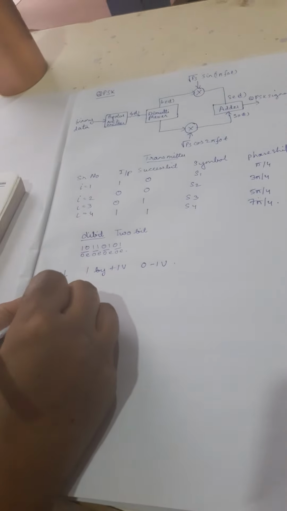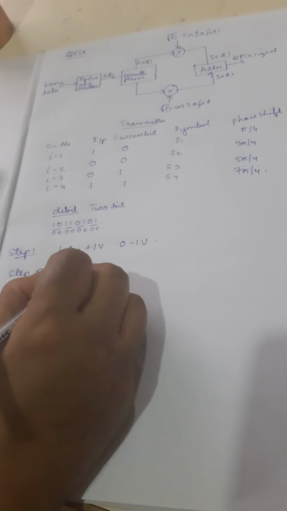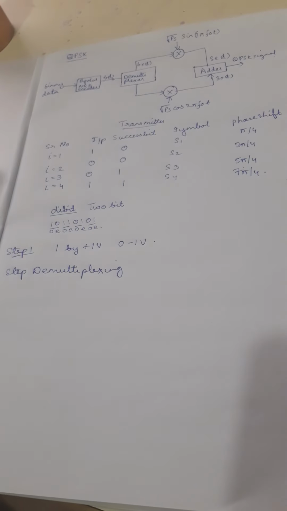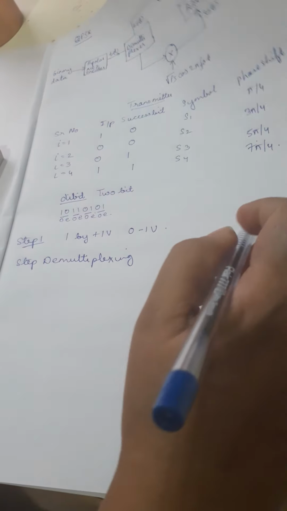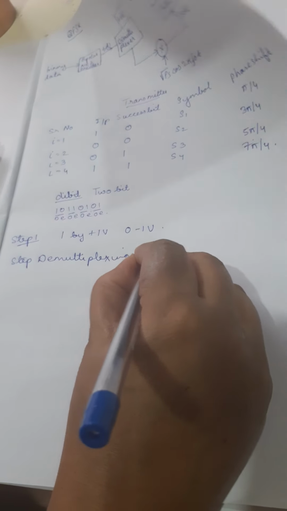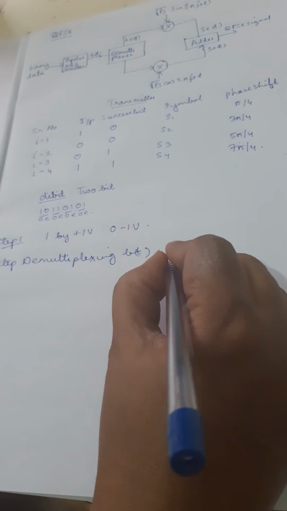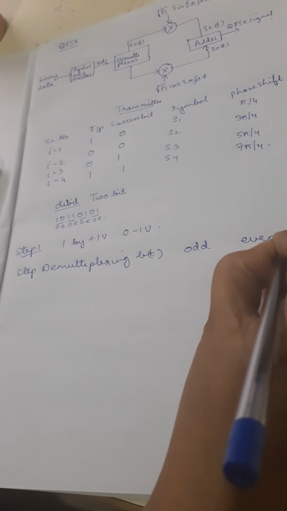Second step, you have demultiplexing. So here what we are doing, as I told you, we are separating the B of T into bit streams of odd numbers and even numbers.